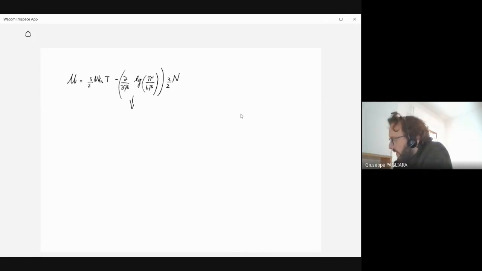This derivative is just 1 divided by beta, which gives minus kBT.